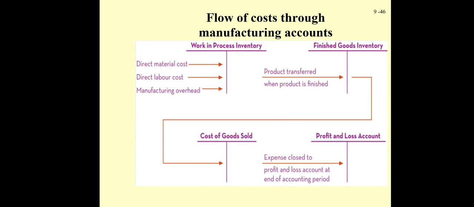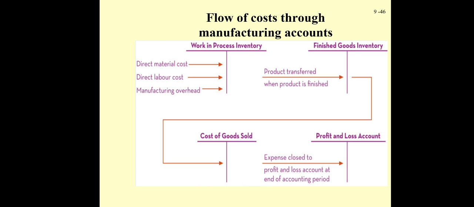Okay, this is another thing. Flow of cost through manufacturing accounts. So for management accounting, the focus is on the manufacturing businesses. Manufacturing businesses are businesses that purchase raw material, process the raw material, and sell finished product.